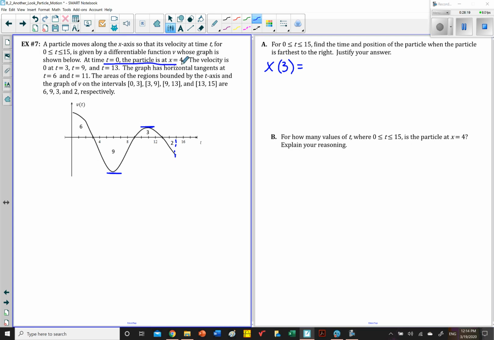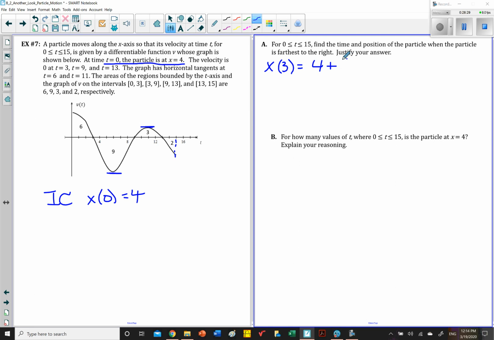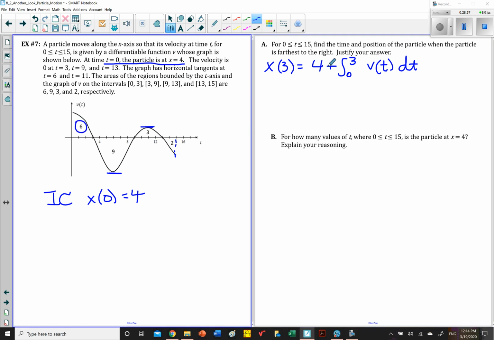Initially we're at 4, so the initial condition is x of 0 is 4. So we're starting at 4, and we're going to accumulate the area from 0 to 3 on that velocity curve. And that area is 6, so from 4 to 6, we've got 10.